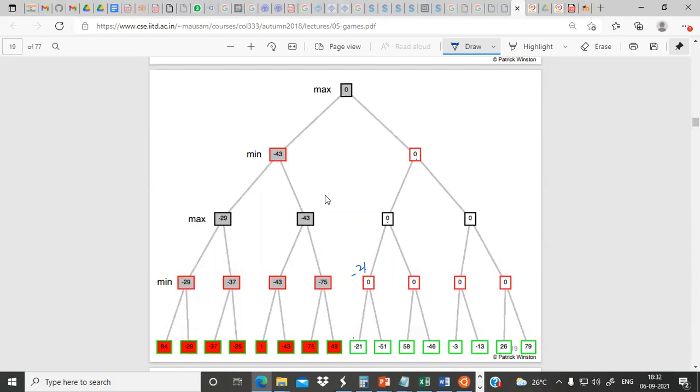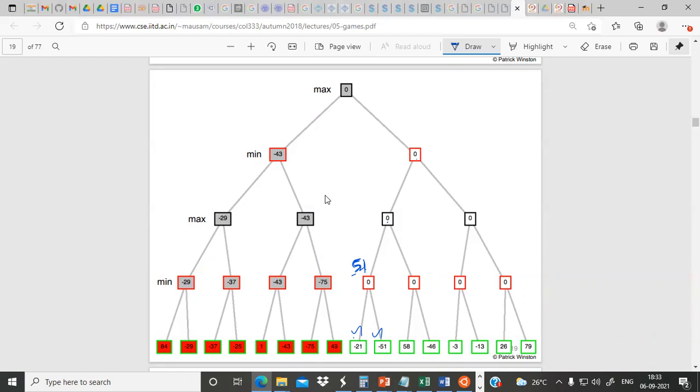But when you explore minus 51, which is minimum, this becomes minus 51. After exploring this 2, this becomes minus 51. And max, this is again 0. Max of minus 51 and 0 is 0. Right. Min of 0 and 0 is 0, and max of 0 and minus 43 is 0.